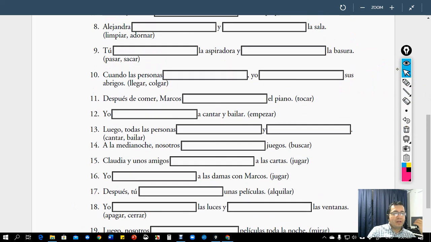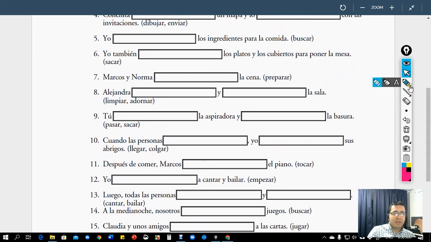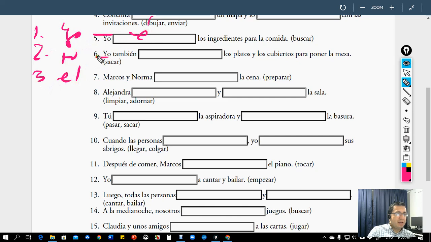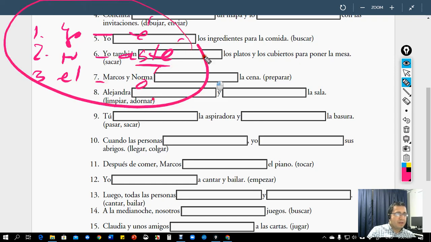And also Alejandra, which has several ones. Limpiar. She has to finish in o. I'm gonna leave that one for you to figure out. So we took care already of the first, second, and third person. Yo, tú, él. And we remember that tú finishing in aste is a little longer, and o for the past tense. These are the sections that we have.